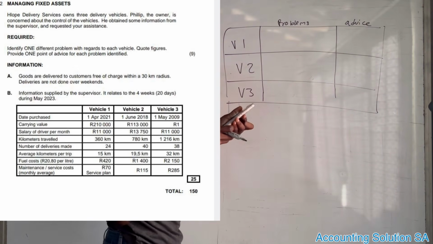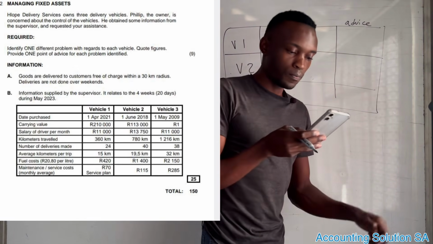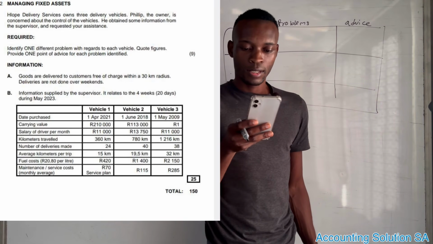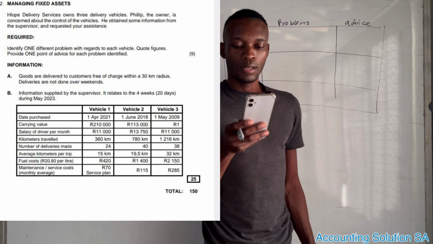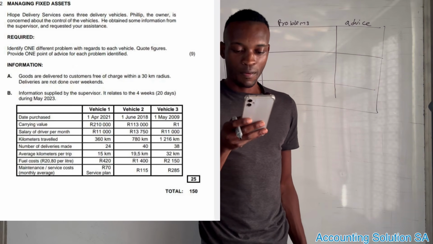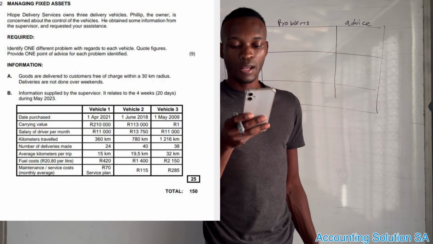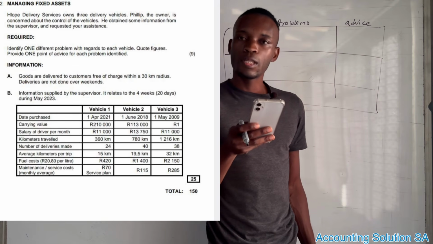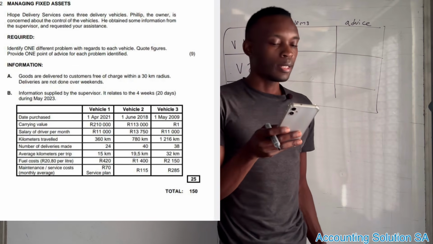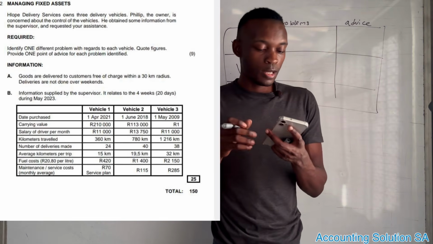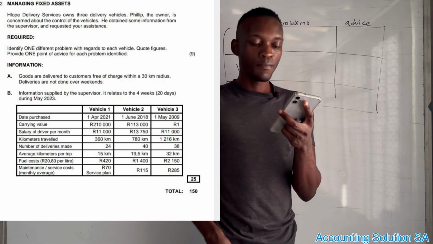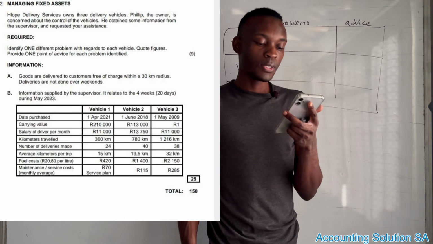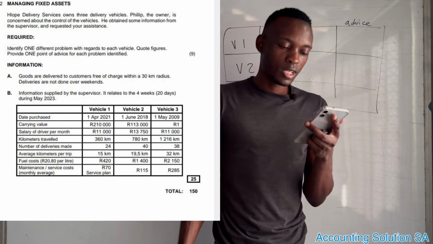If you check under vehicle number 1, the problem that we can identify, guys, if you check the salary of the driver, he's getting paid 11,000, but how many kilometers has he traveled? Only 360. Yes, he's been paid the same as vehicle number 3, but vehicle number 3 is traveling a lot, 1,000 something, but this one travels less.